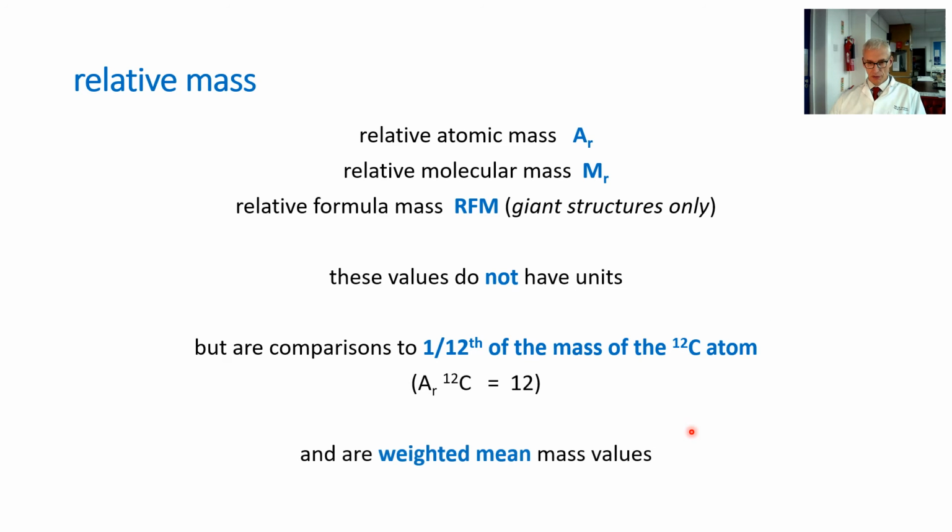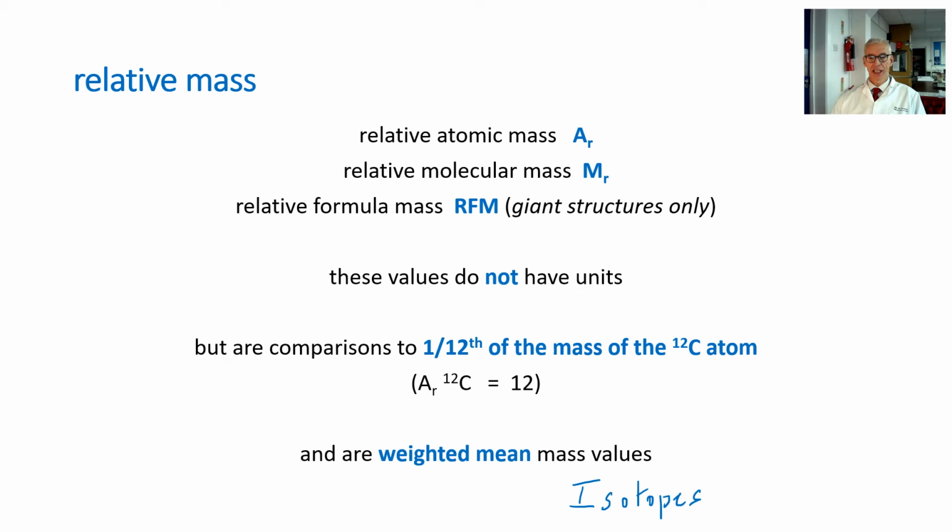One point to note is that these values are weighted means. Of course, you have just been discussing on previous slides the idea of isotopes. So which isotope should we take as being the true mass of a particular atom, or the true relative mass of a particular atom? Well, the answer is none.